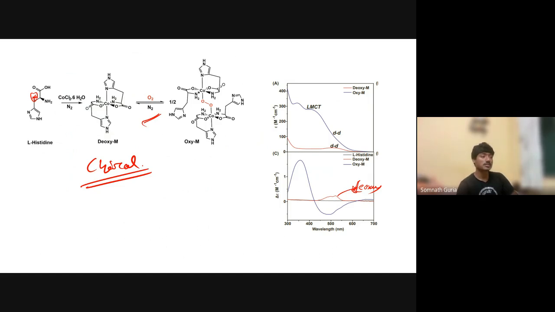If oxygen is bound to the deoxy cobalt histidine complex, it shows a different UV band, where the change cannot be visible in UV, but in CD you can find it very easily, and the structure changes hugely in the CD band.